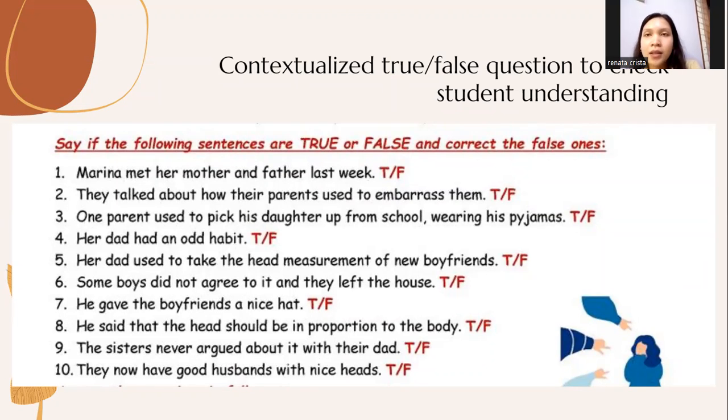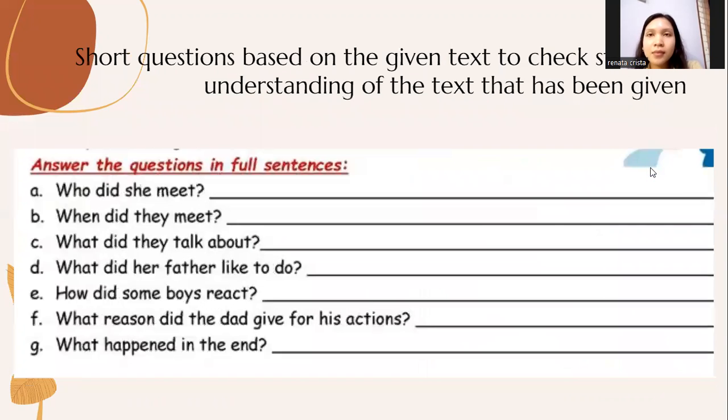And next, contextualize true or false questions to check student understanding. Next, short questions based on the given text to check students' understanding of the text that has been given.